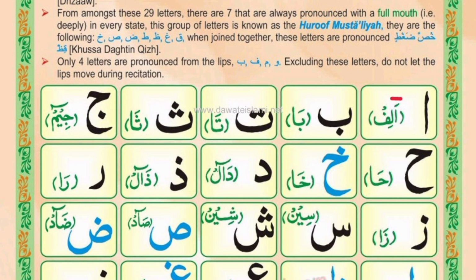The articulator of jim, sheen, and ya is the same, but jim has a stronger tone, like that. Jim, jim, it has a strong tone, not a lighter tone. It is pronounced in a stronger tone, jim.